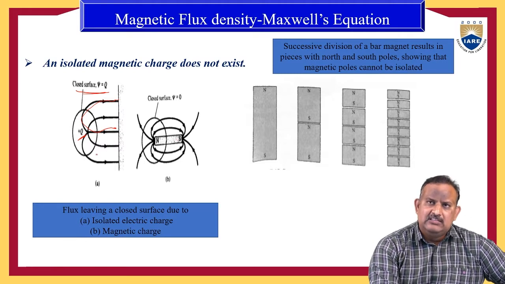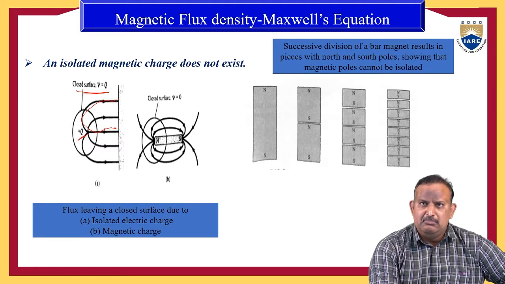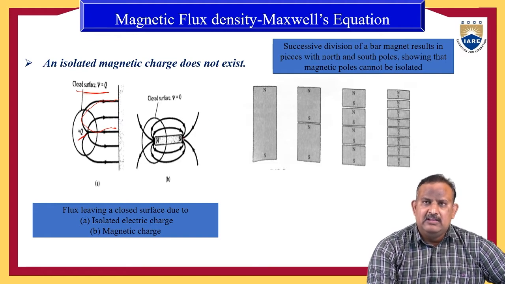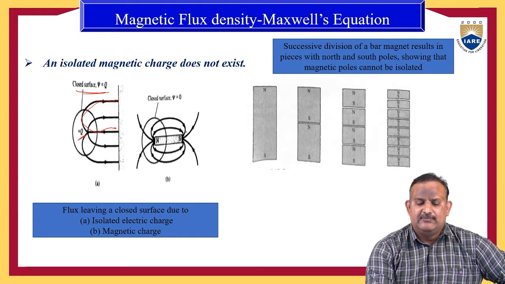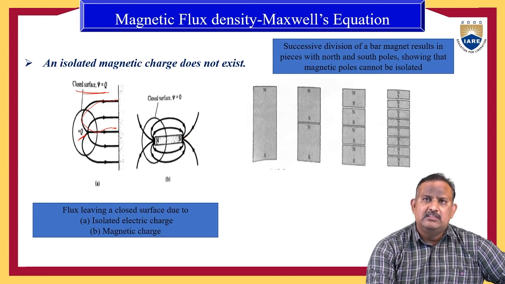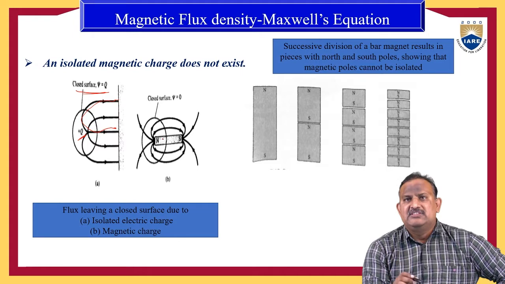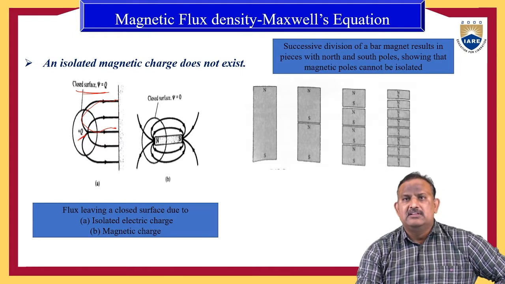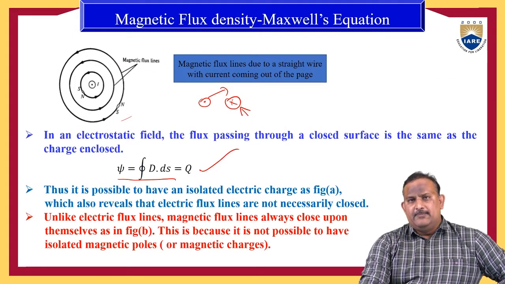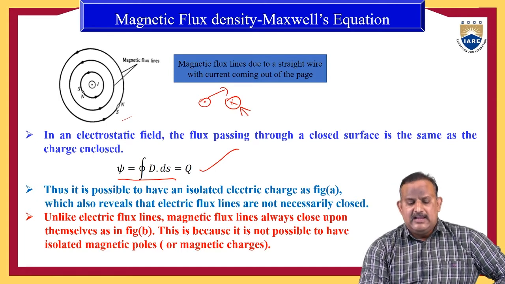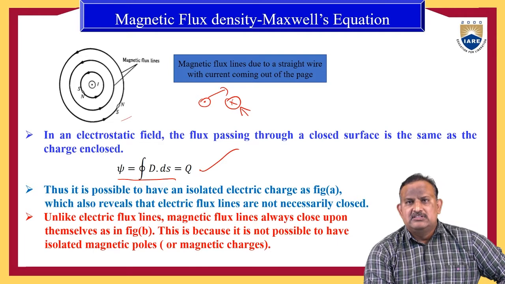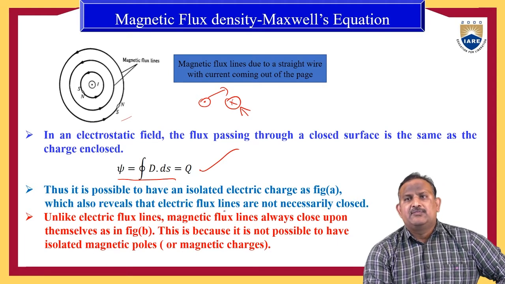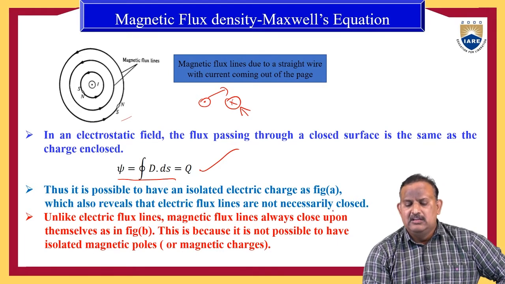In an electric field, the flux starting at one end may or may not end at the other end. Whereas in the magnetic field, the flux starting at the north pole should end at the south pole, or the flux starting at the south pole should end at the north pole. Thus it is possible to have an isolated electric charge, which also reveals that the electric flux lines are not necessarily closed.